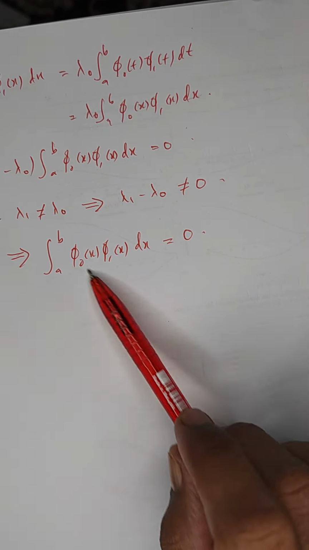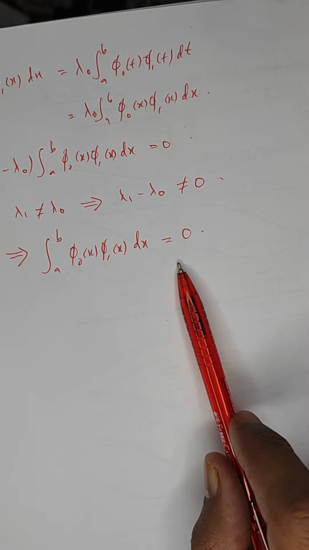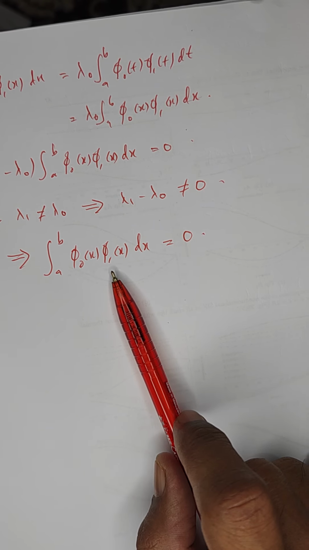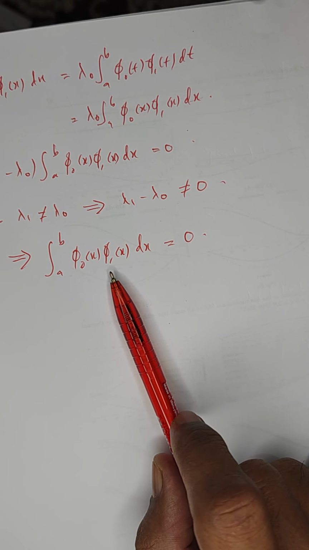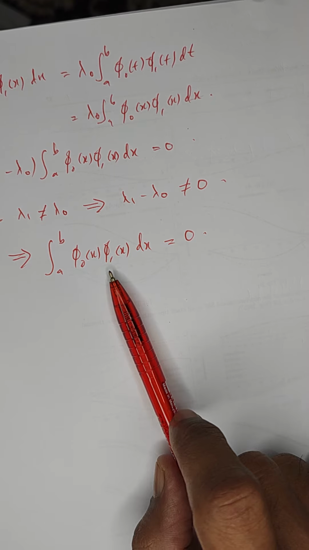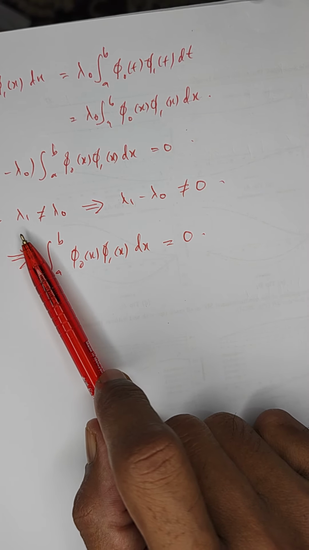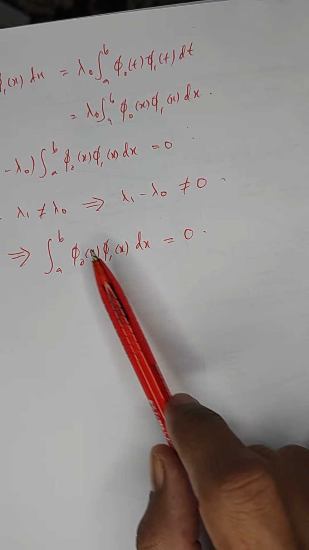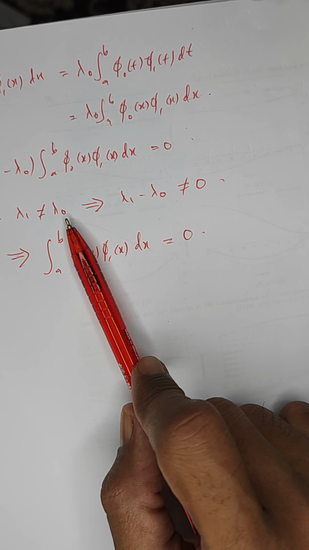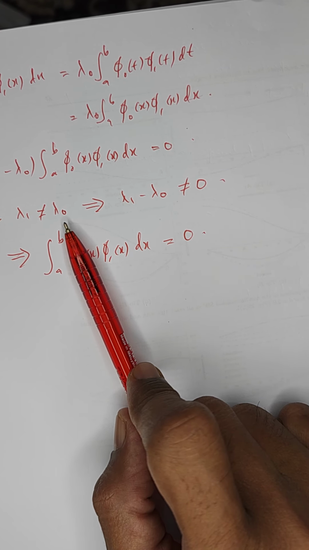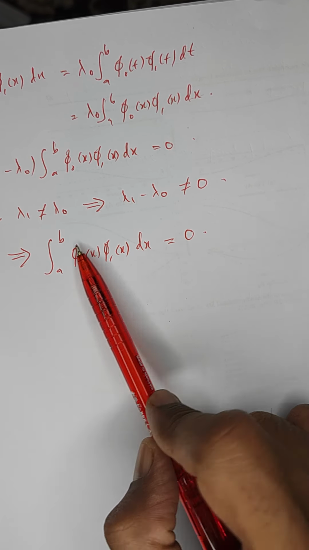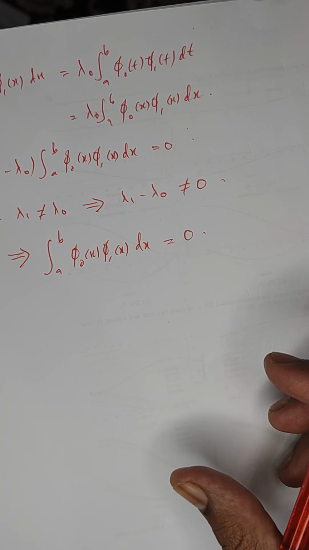So this shows that the eigenfunctions corresponding to eigenvalues lambda 1 and lambda naught for the homogeneous Fredholm integral equation are orthogonal.